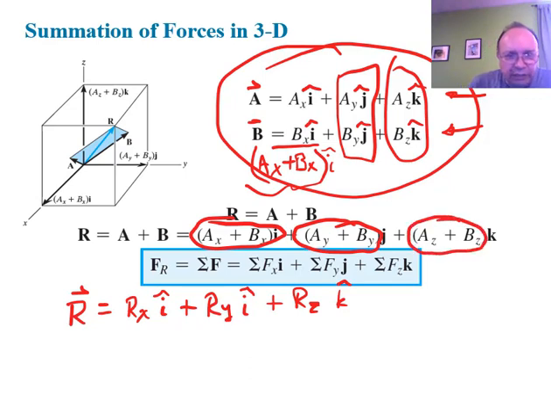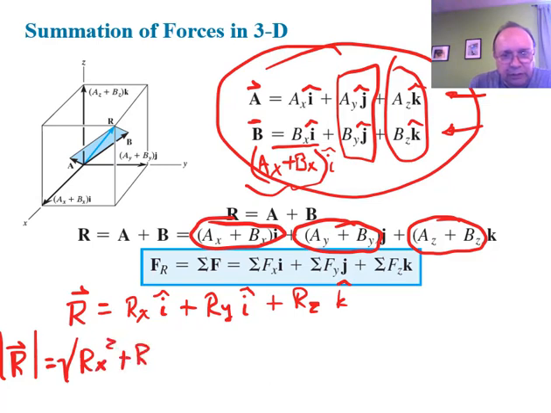If you want the magnitude of the resultant, you apply the Pythagorean theorem: the square root of Rx squared plus Ry squared plus Rz squared.